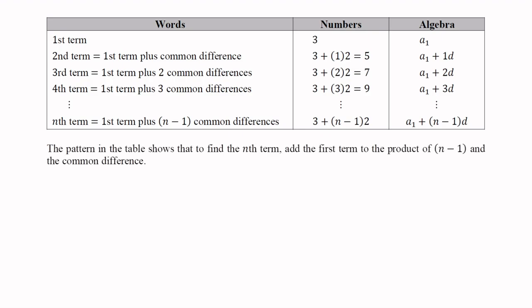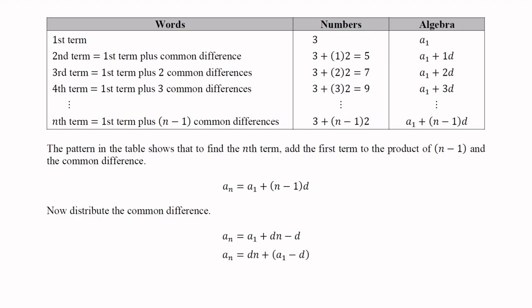So if we take that our nth term is just what we found in terms of n, we can distribute the d first, distribute our common difference, and now let's swap our a sub 1 and dn terms. Let's take those first two terms and flip them, and then group our last two terms.